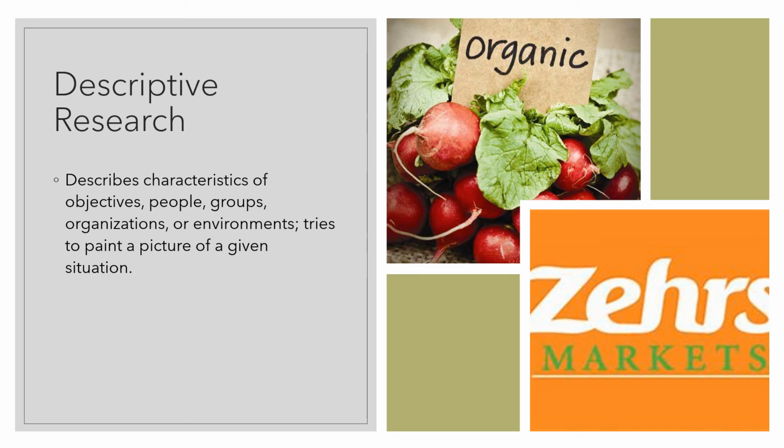So for example, with Zehrs Markets, they were looking to see what was the demand for organic products within their stores, who their customer segments were, and where those customers existed that wanted to see more organic product or produce within their stores.